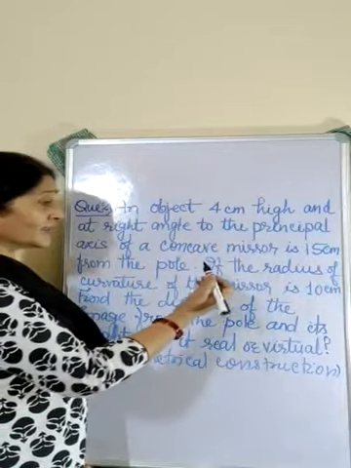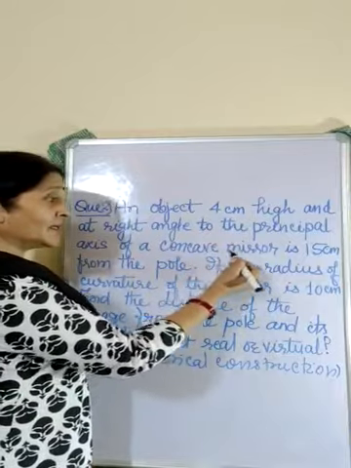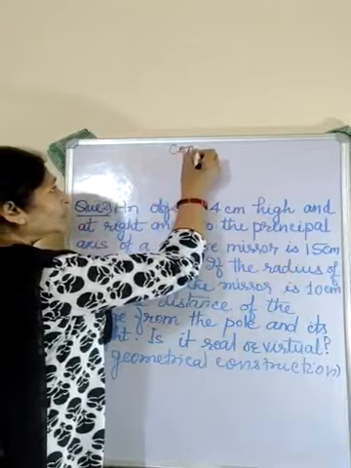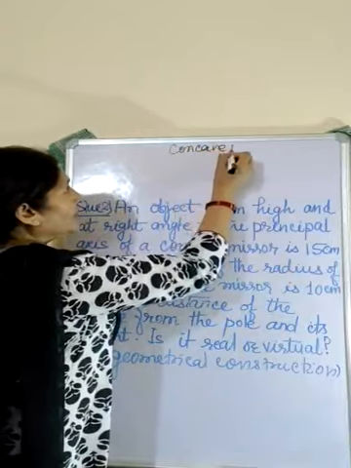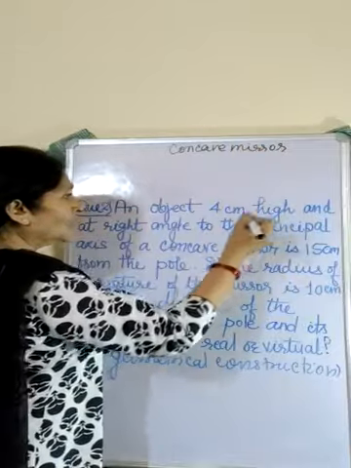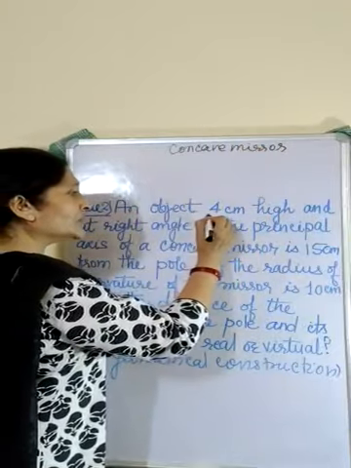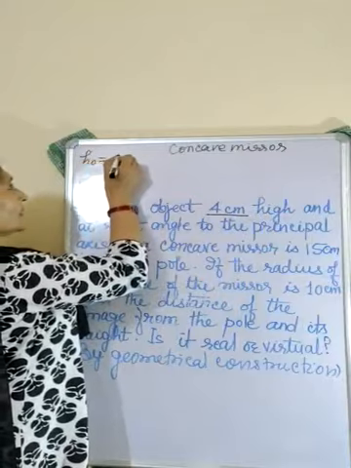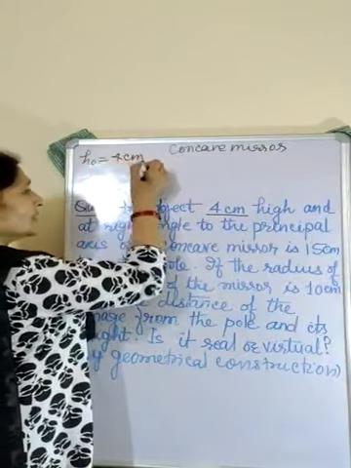What is given here? Concave mirror is given in the question, so we will write here concave mirror. Now height of the object is 4 centimeter.